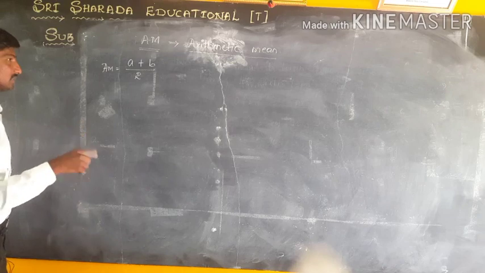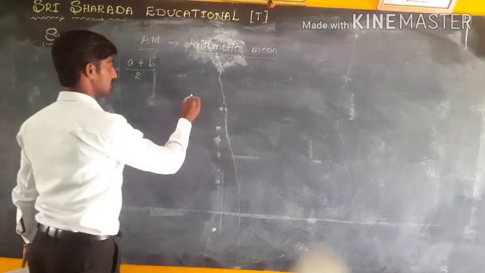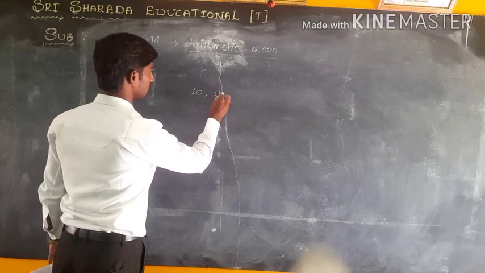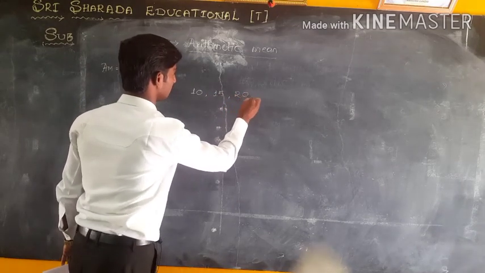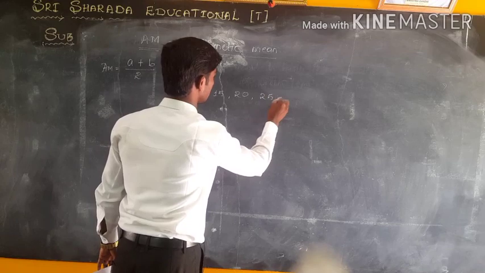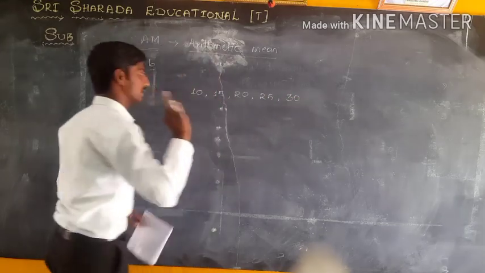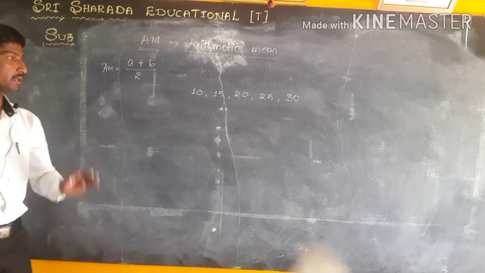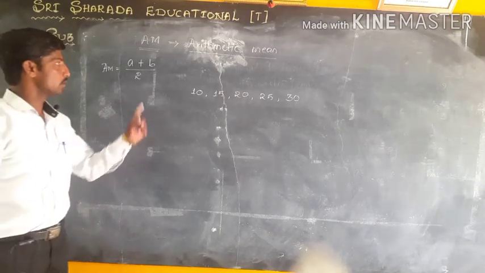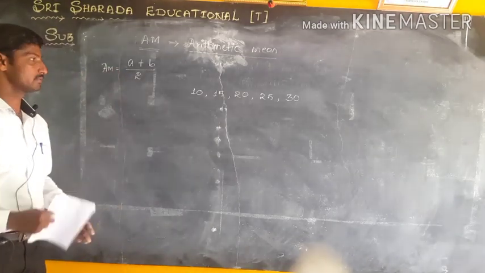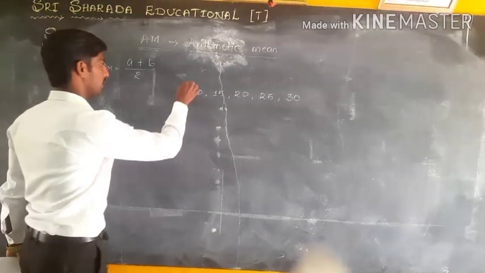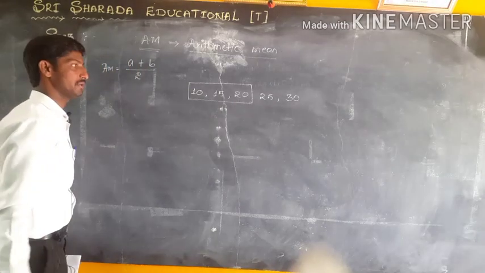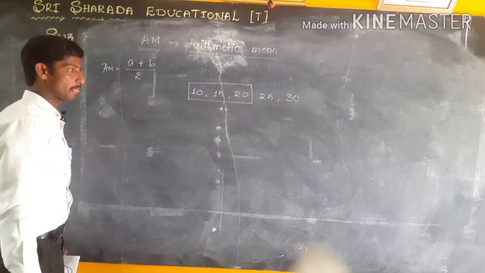What is it? Let us go for a sequence: 10, 15, 20, 25, 30. Here I have a sequence which belongs to arithmetic progression. What is meant by arithmetic mean? Very simple. Here I will collect 3 terms of an AP, that is 10, 15 and 20.